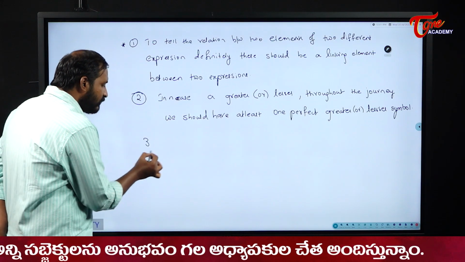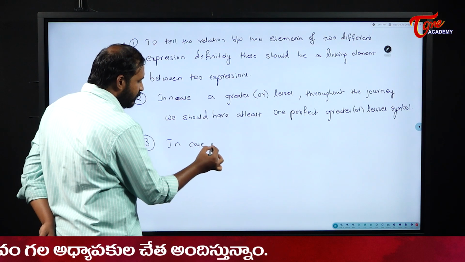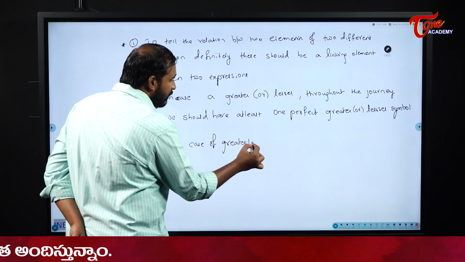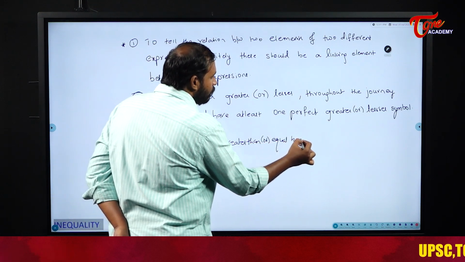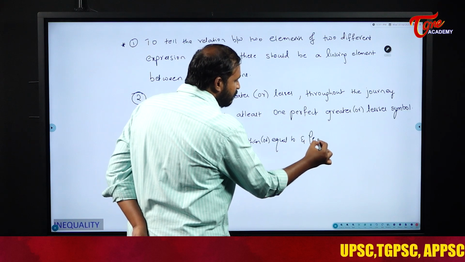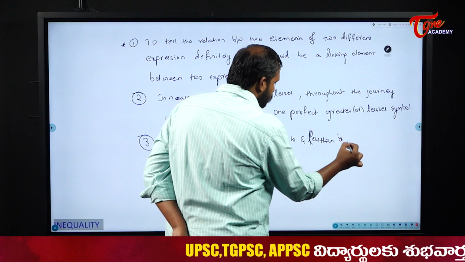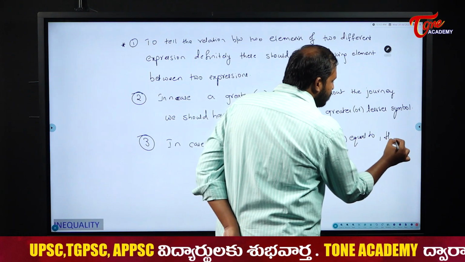Next is the third important one. In case of greater than or equal to and less than or equal to, throughout the journey, what is this journey?